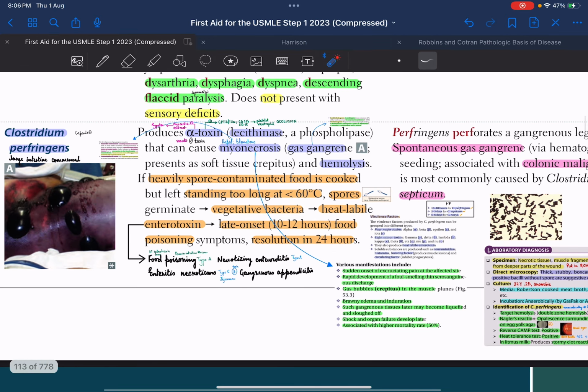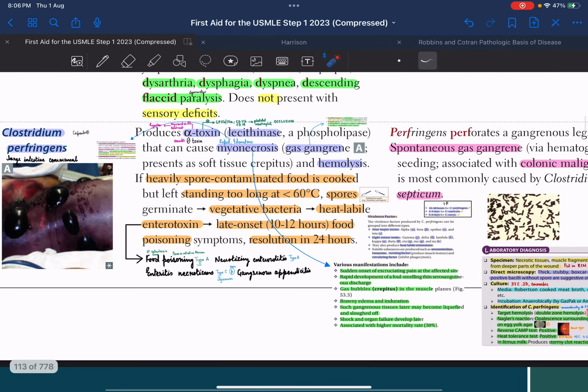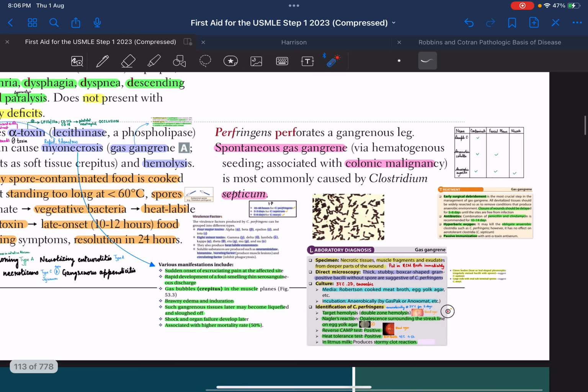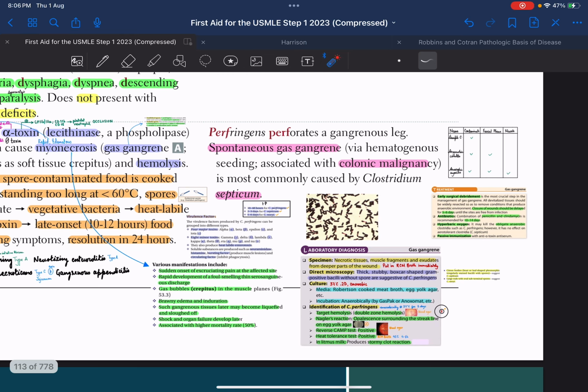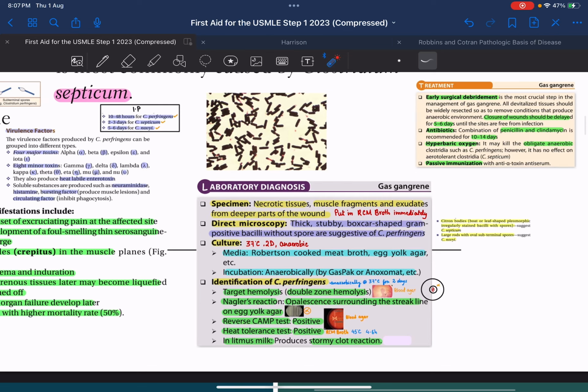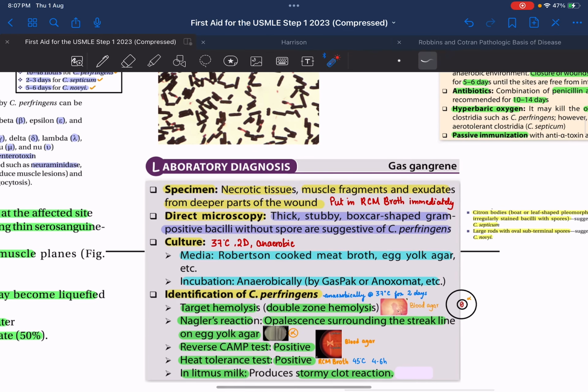Now, once you have suspected a patient with Clostridium perfringens gas gangrene, we have to confirm it by the laboratory, right? So how will we get it diagnosed? We take the specimen, preferably the necrotic tissue, and one thing we should remember very clearly: as soon as you take a specimen for any anaerobic bacterium, you immediately put it in RCM broth, okay.